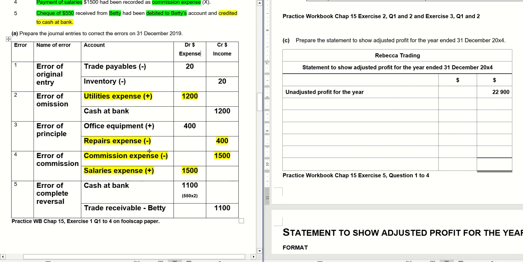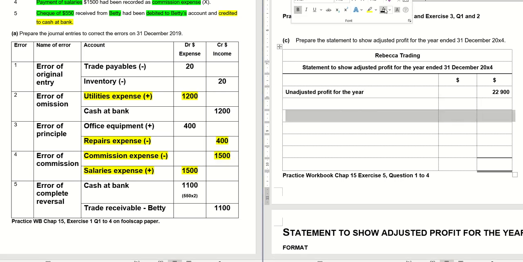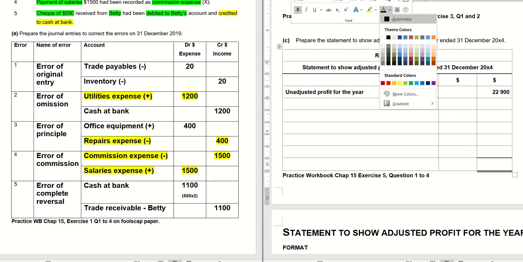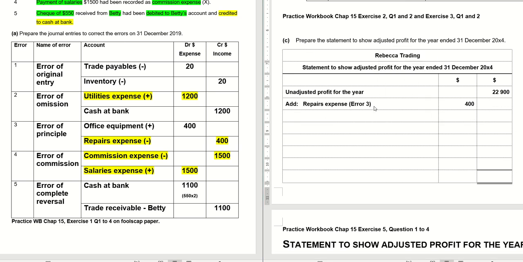Okay, so let's take a look. I'm going to start with the items that increase profit first. The two items that increase are 400 and 1,005. I'm going to start off with 400 and record that first. Because repairs expense is in the credit column, it will increase profit for the year.